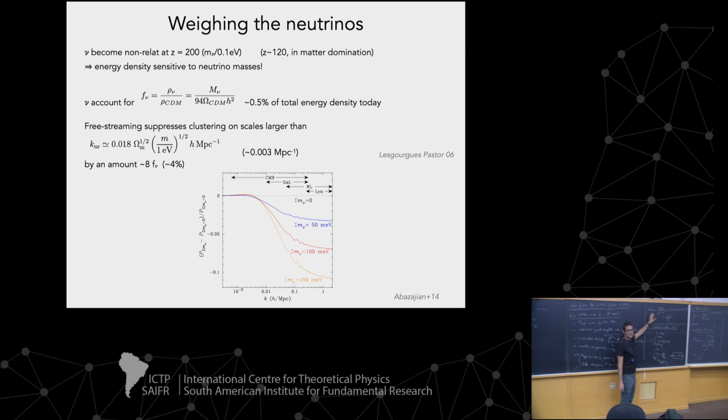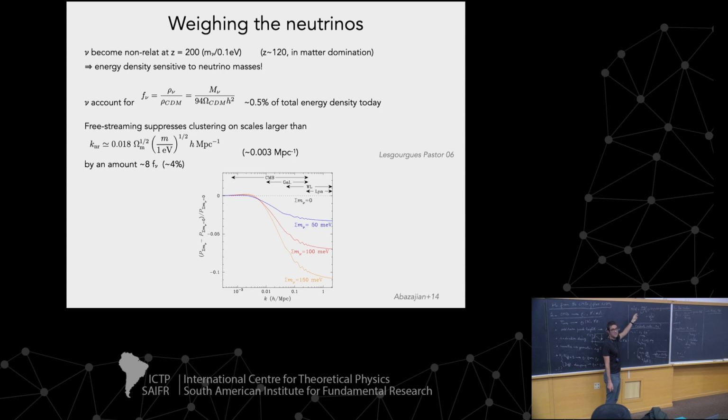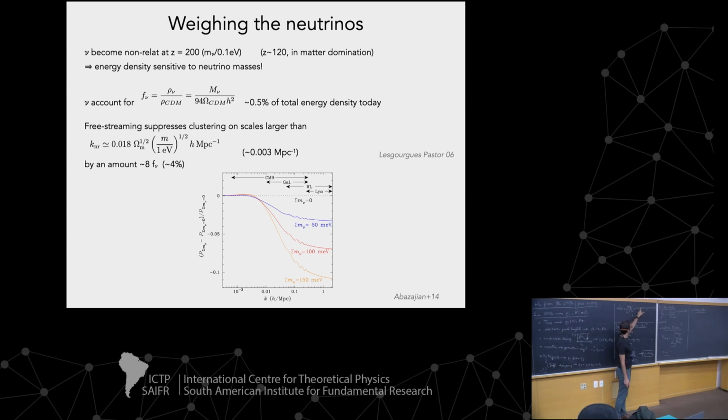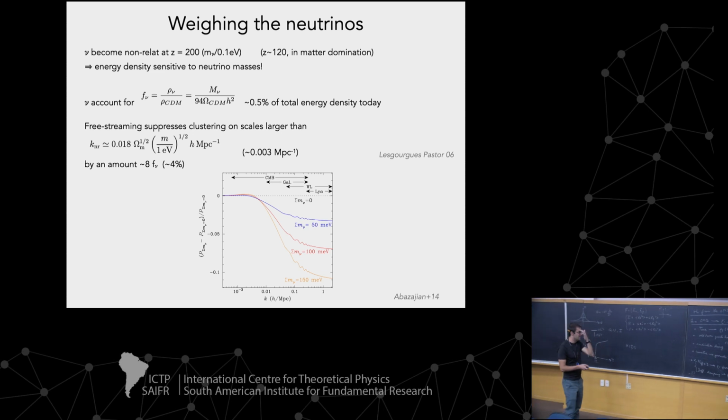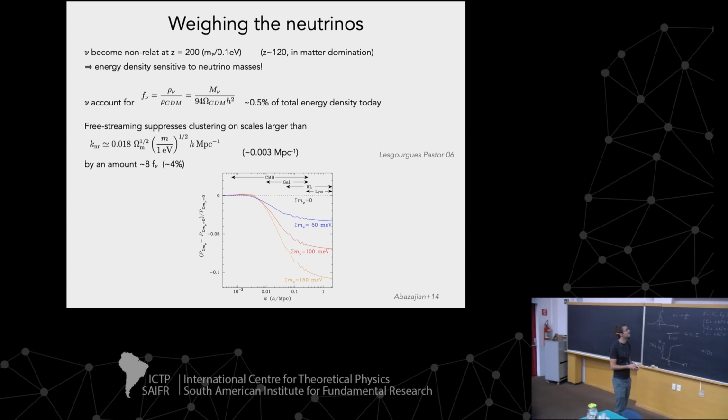And so things like baryon acoustic oscillations in galaxy surveys. If you can measure this to about 0.5% precision, you'll be able to tell that the neutrino energy density, which is a fraction 0.5%, is there or not. But there's another effect beyond just the expansion history, and it's an effect on the growth.